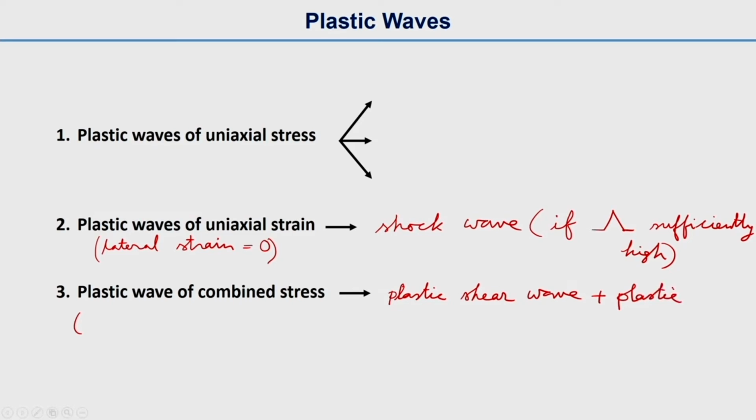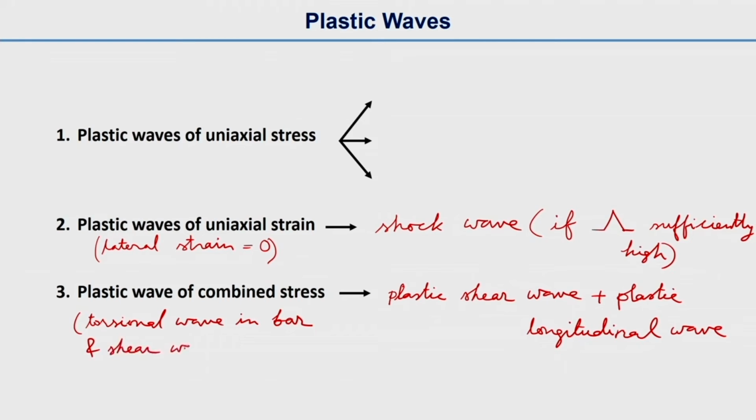In the upper two cases, case number 1 and 2, we mostly focused on longitudinal wave, but in this case we have shear wave as well, that means torsional waves in a bar and shear wave in a semi-infinite body can also generate plastic waves.